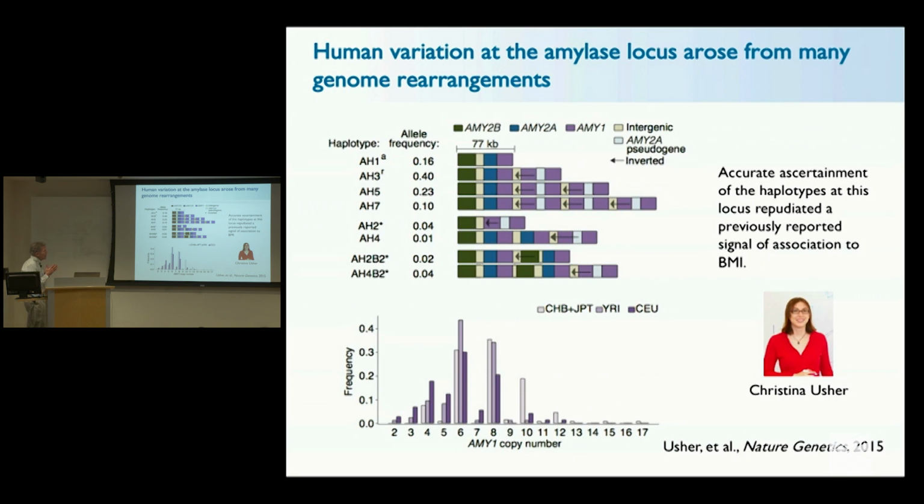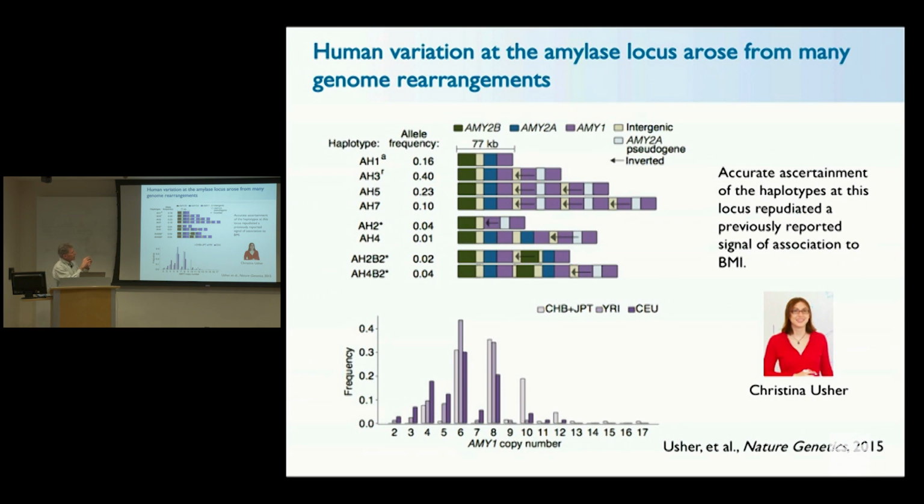A similar study was done at the amylase locus. Amylase is very polymorphic. Some people have up to 20 copies of the amylase 1 gene, and there's a bunch of genes altogether at the amylase locus that vary in copy number. There are a lot of complex structures at the amylase locus. Sometimes the copies are inverted, as shown by these little arrows.